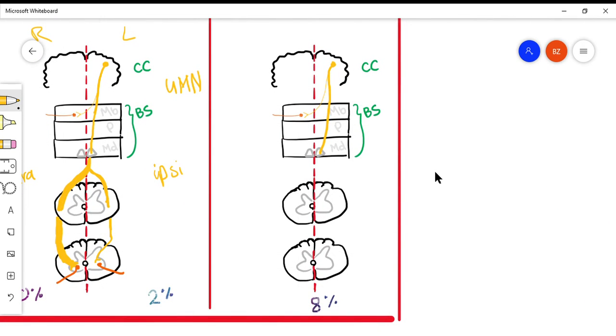So it goes to the spinal cord, and it has to keep going down in the anterior region. Notice here it was lateral, because lateral corticospinal, but over here it's anterior, so it has to stay in the anterior part of the spinal cord. Then it will keep descending in the anterior part, and it will not decussate. It's going to stay ipsilateral, just like our friend over here.